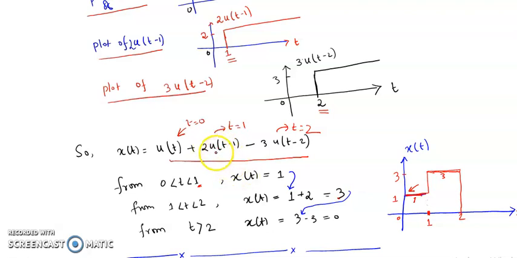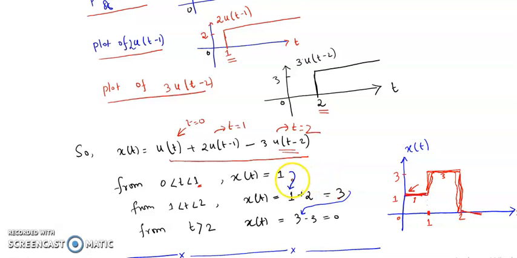So we get 1 plus 2 is 3, and at t is equal to 2 we have started this signal. Its magnitude is generally 1, but multiplying with 3 we are getting 3, so minus 3. So 1 plus 2 minus 3 becomes 0. So for t greater than 2 we are getting 0. That is why we are plotting the signal here with 0. That means we have only this portion of the signal. Okay, so this is the final signal plot for x(t).